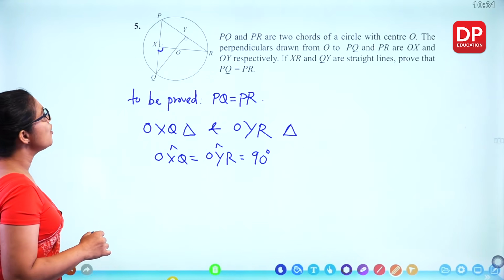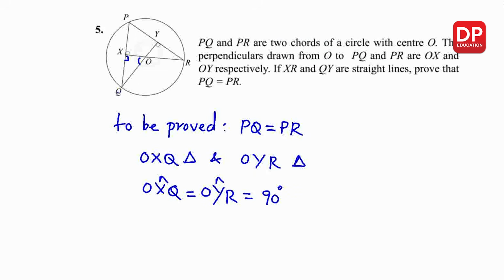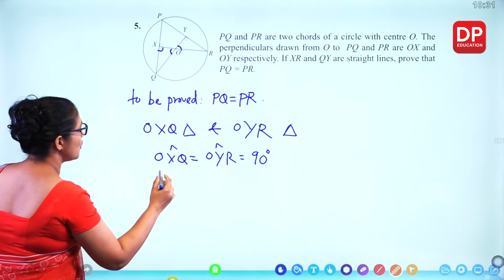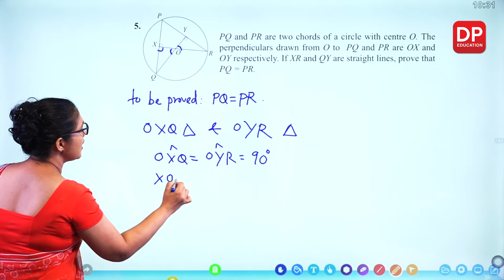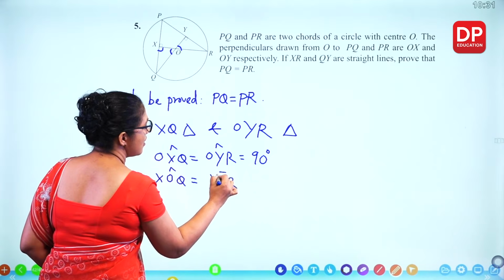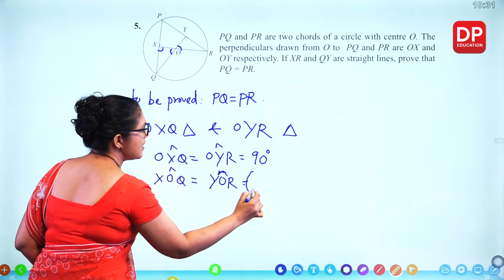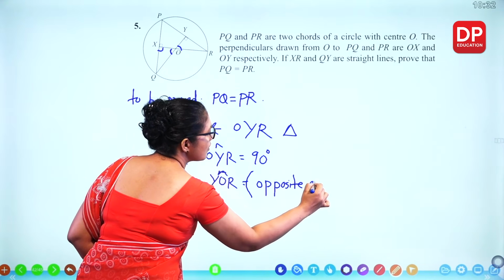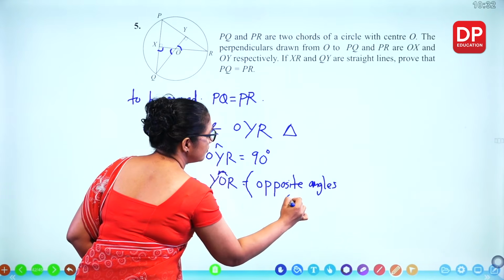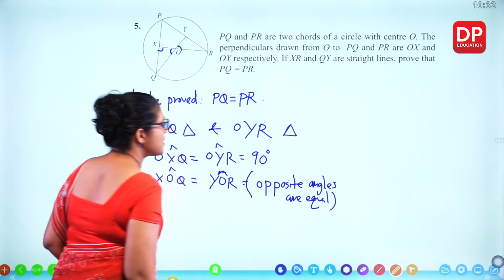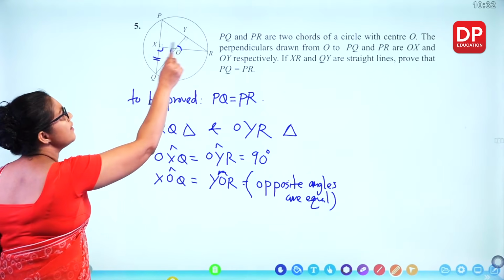And then we know this angle is equal to this angle. What's the reason? Opposite angles are equal. So we can write XOQ is equal to YOR. So the reason is opposite angles.